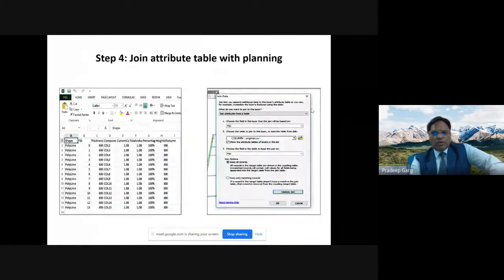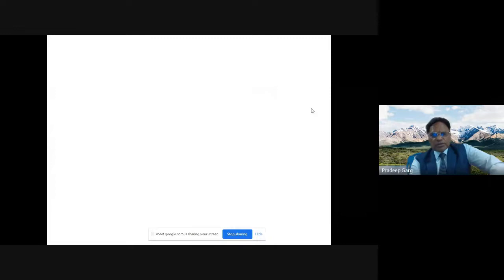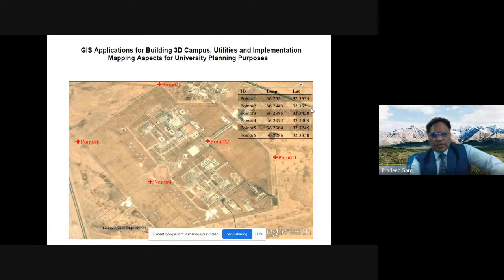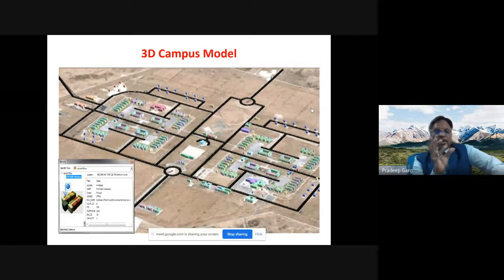I'm skipping all that information, how this GIS is being used in AutoCAD. Now, 3D campus modeling. Several universities and institutions have shown their campus in 3D mode on their website, how their campus looks.